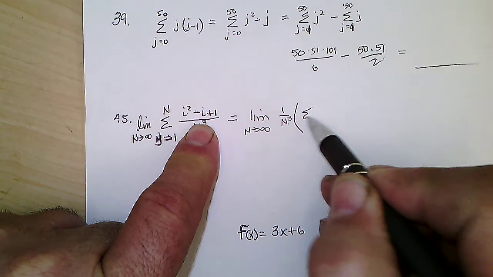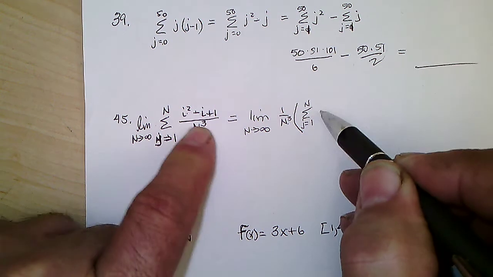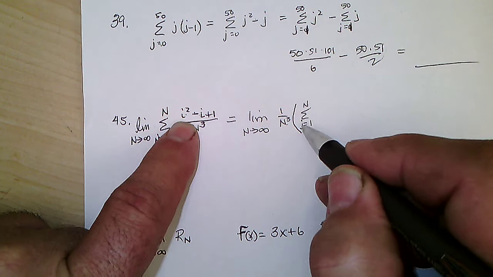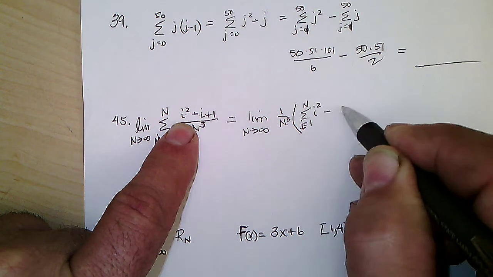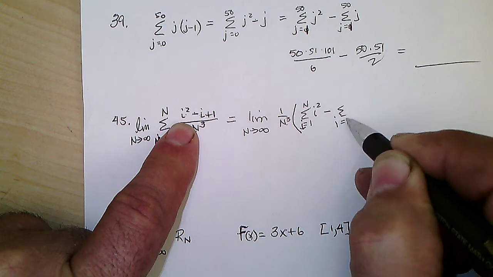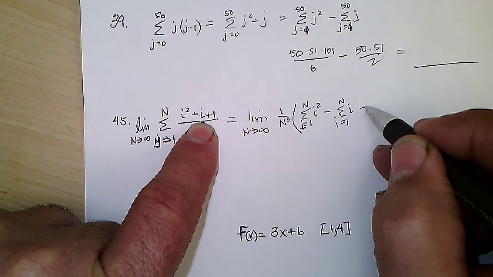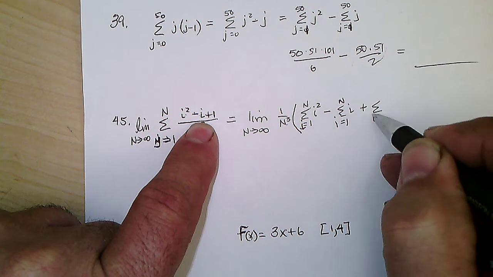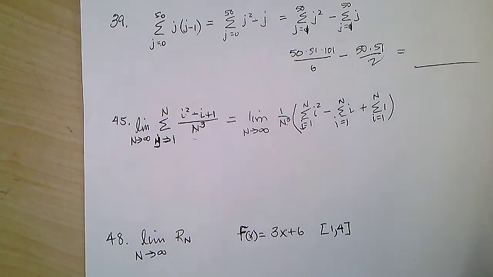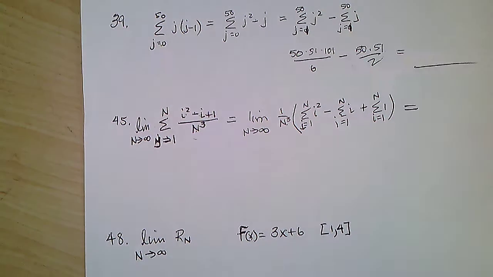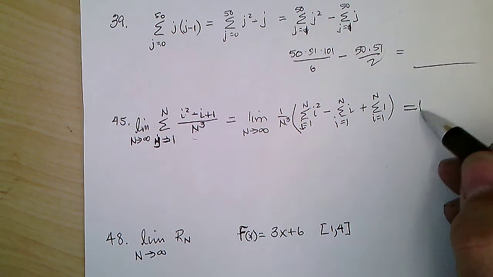So I'm going to have the sum as i goes from 1 to n of i squared, minus the sum as i goes from 1 to n of i, plus the sum as i goes from 1 to n of 1. Now, this will be the limit.